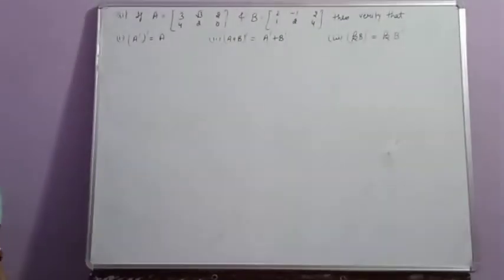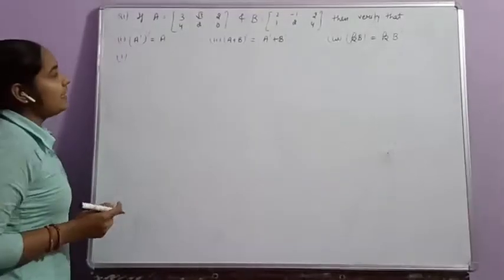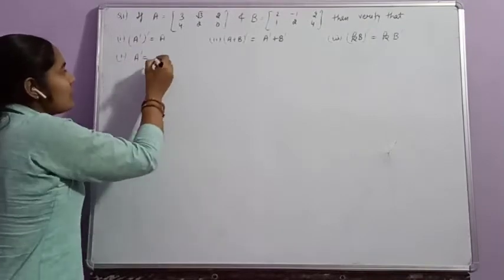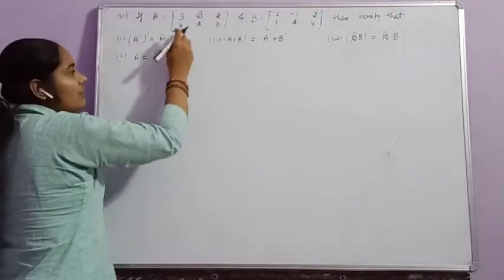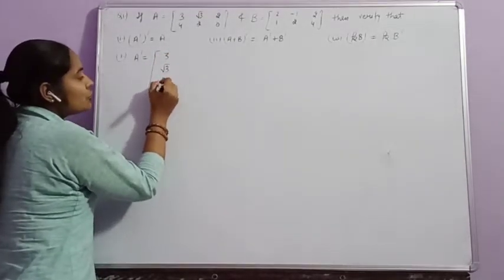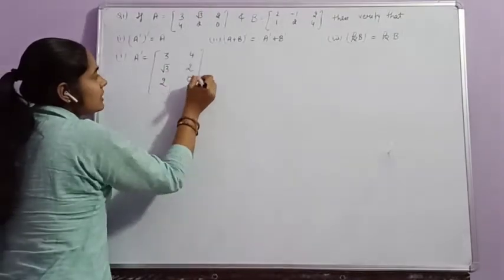Okay. Firstly, we do the first part. In the first part, we have to find A transpose. A is given to us, so its transpose will be the first row converted into the first column. That is 3, root 3, 2. Second row into second column, 4, 2, 0.